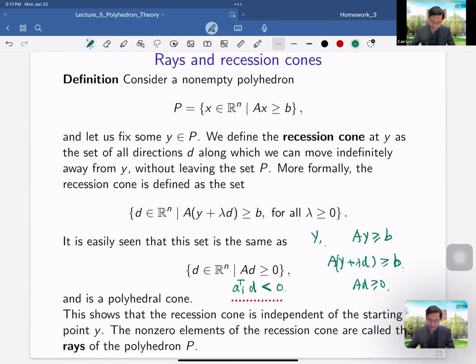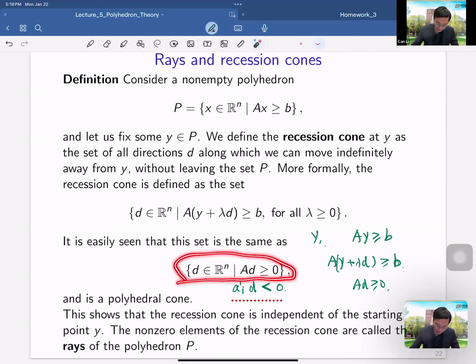Then if you add a_i transpose d to the original constraint and make it go along this direction d indefinitely, it will always violate the original constraints.